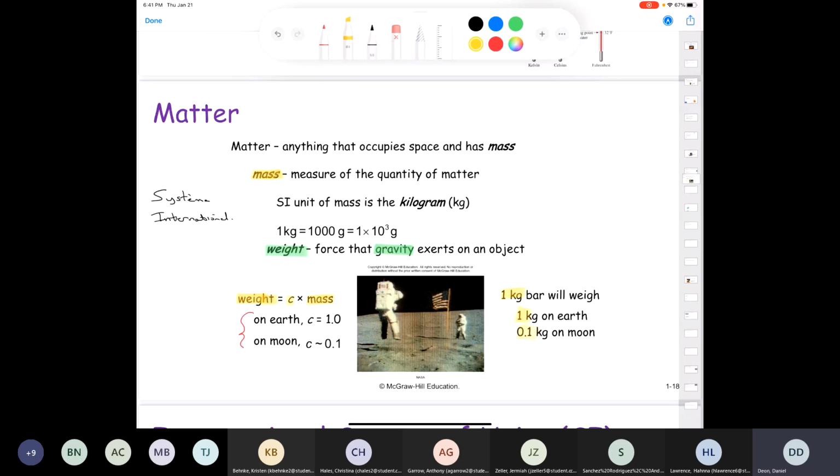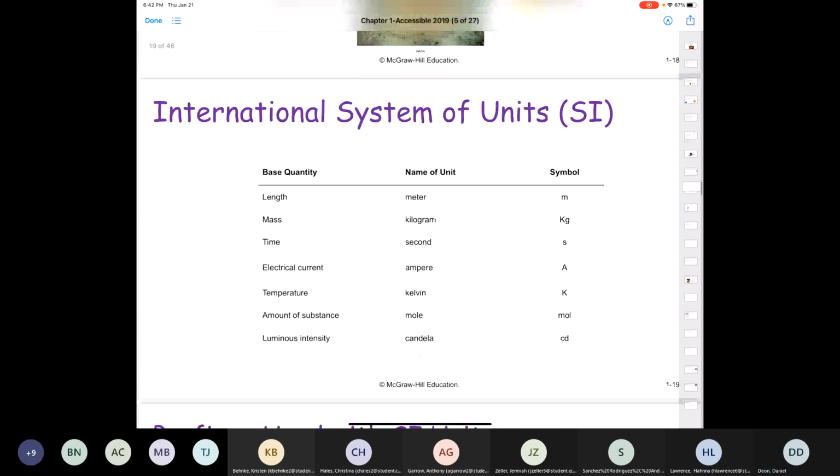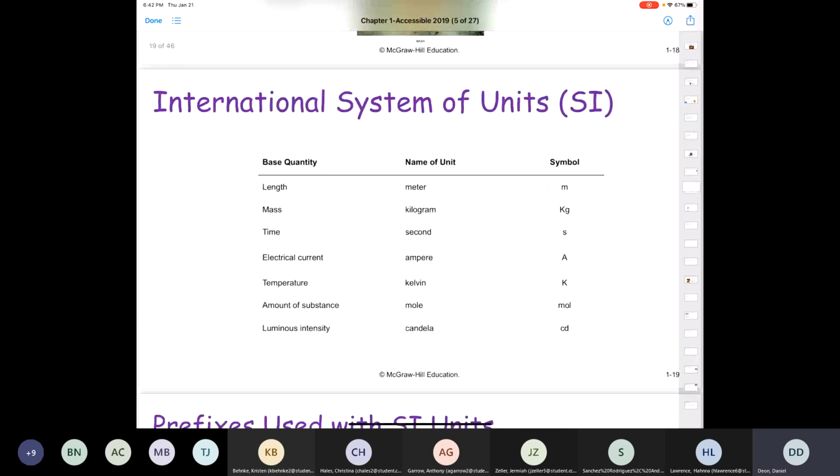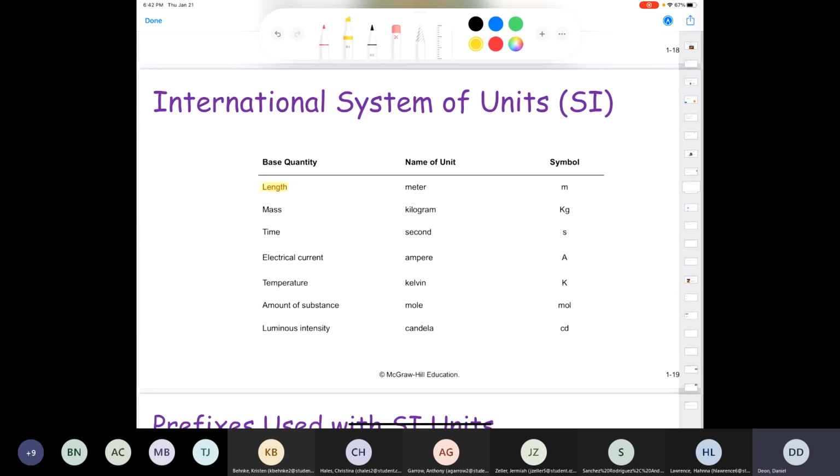Let's talk a little bit more about this whole SI thing, this whole international system of units, because the scientific community has a whole series of agreed upon units that we use depending on the type of measurement that we want to do. Now, the base quantities, or the fundamental units for all of these measurements, like length, mass, time, current, temperature, amount of substance, and luminous intensity, are all found on this slide.